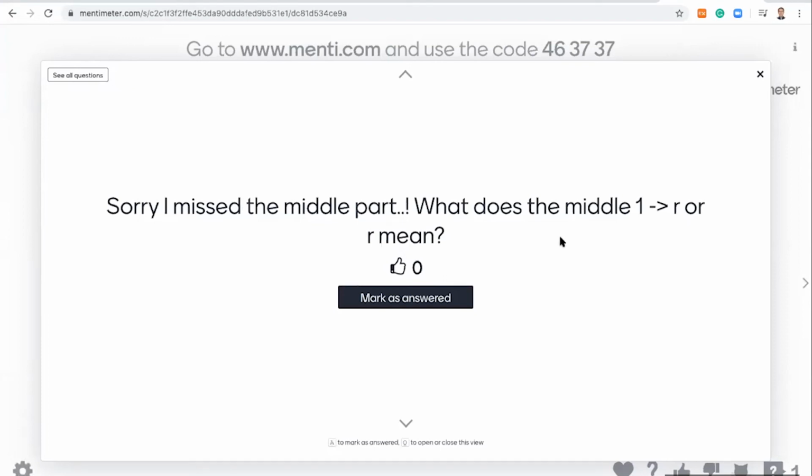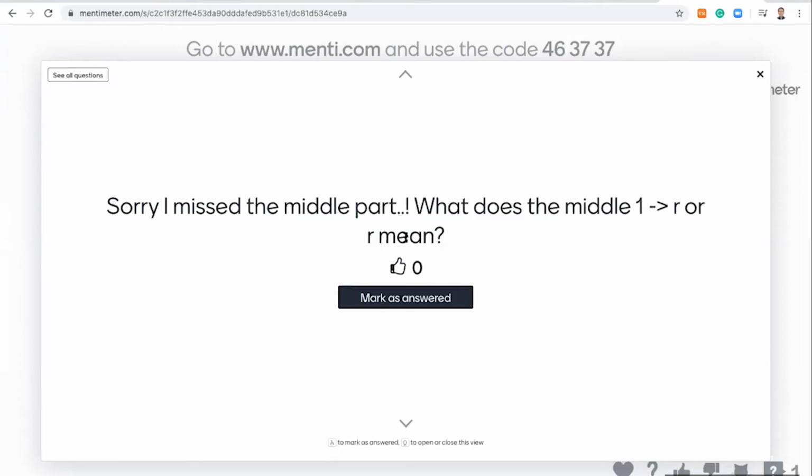So what does the middle 1 to R, or R, mean? Oh, okay, the R. So I said it in this way. The R, usually we denote R as the interest rate, but for this paper, the CRR paper, they use 1 plus the interest rate as R. So R is always greater than 1, because let's say the interest rate is 10%, then R is 1.1.